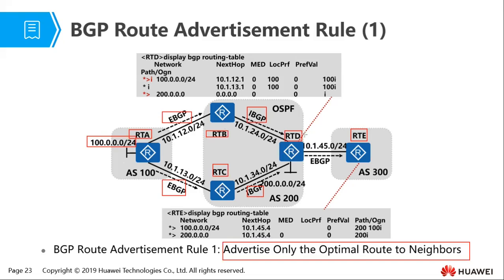through RTC? If we look at the BGP routing table for RTD, display BGP routing table, we can see that indeed the network 100.0.0.0 has two different next hops. We have 12.1, and we also have 13.1.